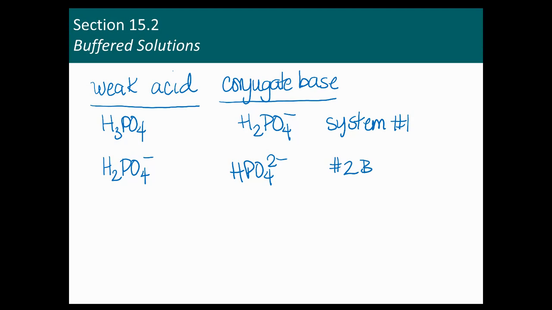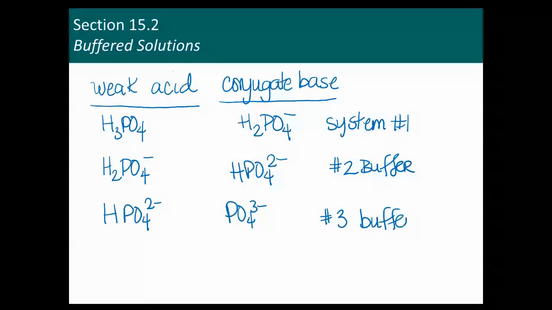And then there's a third buffer system, which would be HPO4 2- and phosphate. So this is a third buffer. As we progress in this presentation, we'll talk about which ones would be used when.